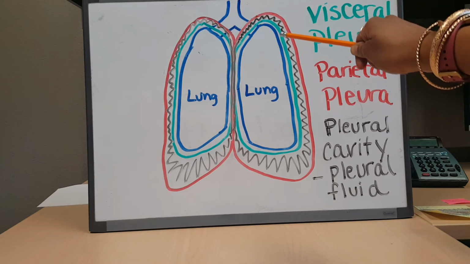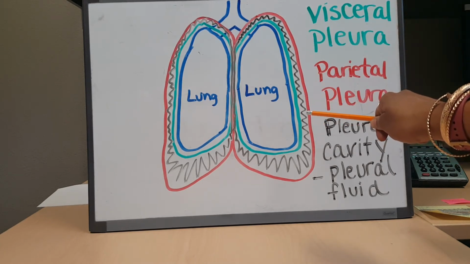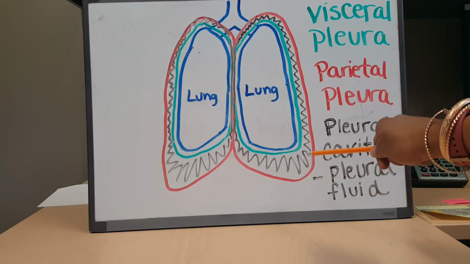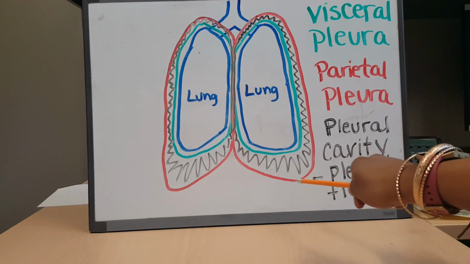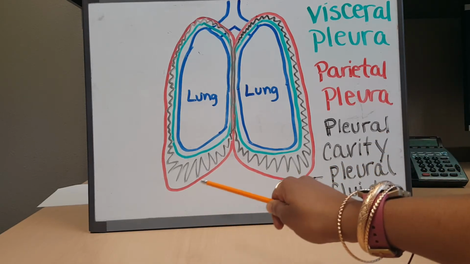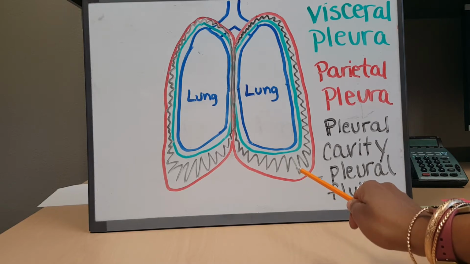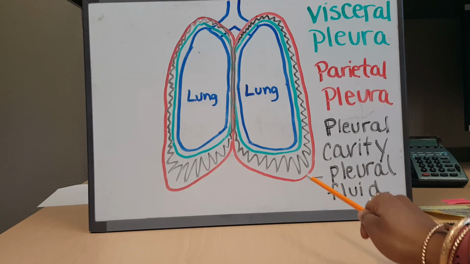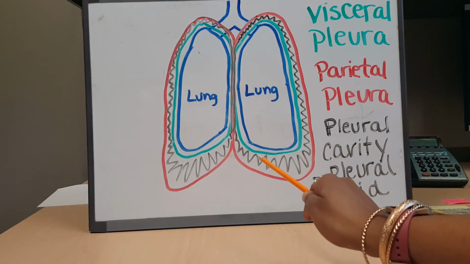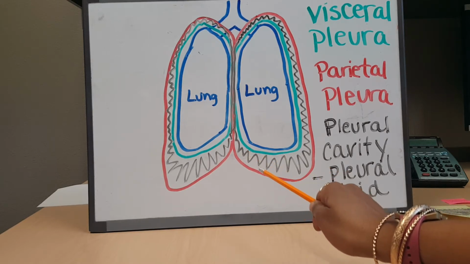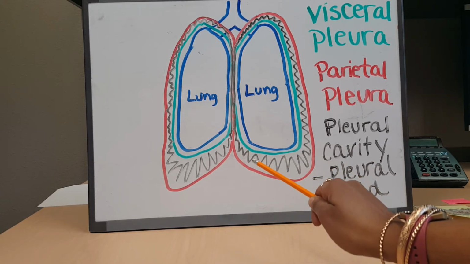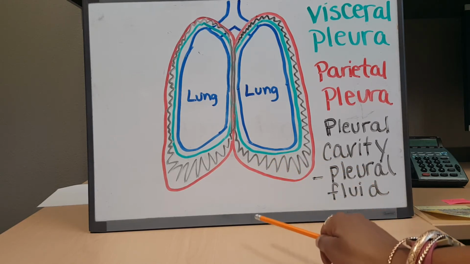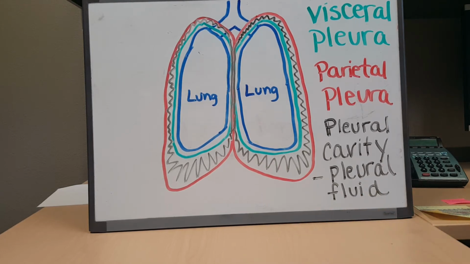However, your parietal pleura, on the outside in red, makes contact with your ribs as well as other external surfaces. For example, the diaphragm makes contact at the bottom of your parietal pleura. That contact with these other structures pulls outward on the lungs. What this causes is an area of negative pressure in between the two membranes. So this pull out combined with the pull in of the lungs, the negative pressure helps to pull out on the lungs, to help keep your lungs from collapsing.